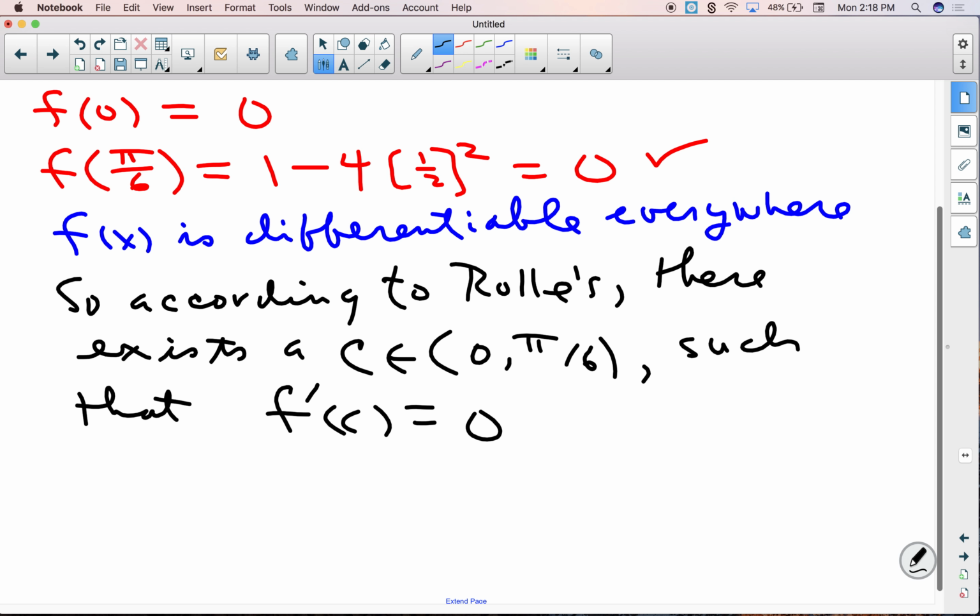Okay, so how do I find these C's? Take the derivative and then set it equal to 0. Okay, so f prime here is equal to what?